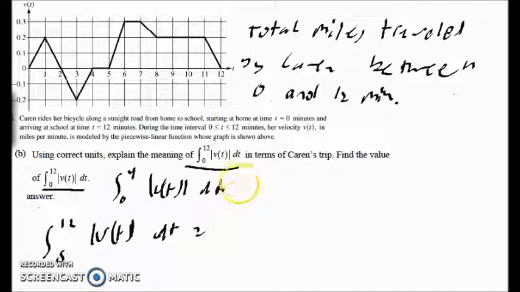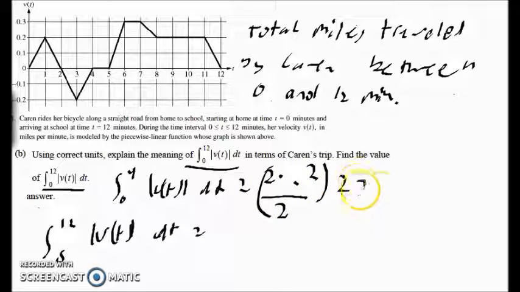From 0 to 4, we can think of this as two identical triangles with base of 2, height 0.2, divided by 2, but since there's 2 of them, multiplied by 2, you get 0.4 miles. Remember that on this y-axis, the interval is 0.1, not 1.